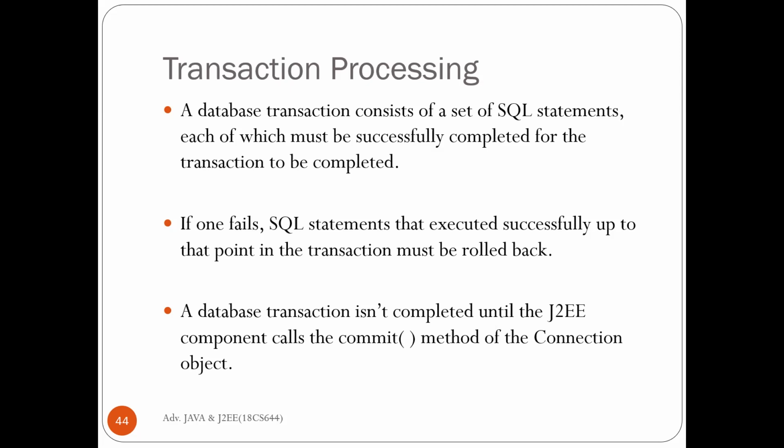Similarly here we have a commit method, which can be called on the connection object. Once the commit method is issued, it indicates that all the SQL statements have been executed properly and the transaction is successful.